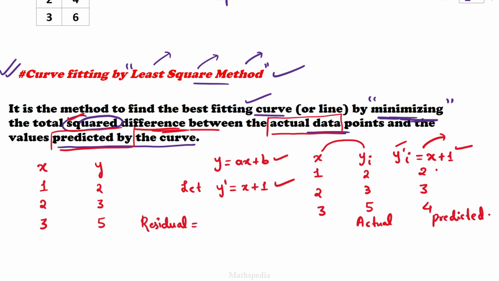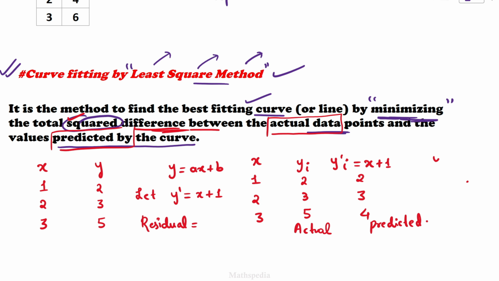Each data point will have a residual value, which is basically the error between the actual and the predicted. So one more column I can draw here, the residual, which is nothing but y i minus y i dash. The difference between these two: 2 minus 2 is 0, 3 minus 3 is 0, 5 minus 4 is 1. So we have got the residual values as well.